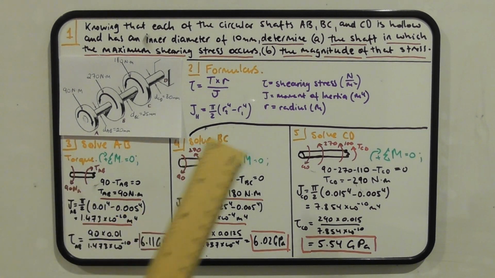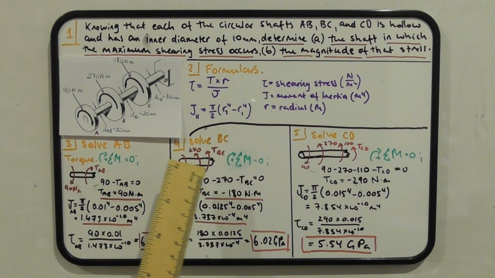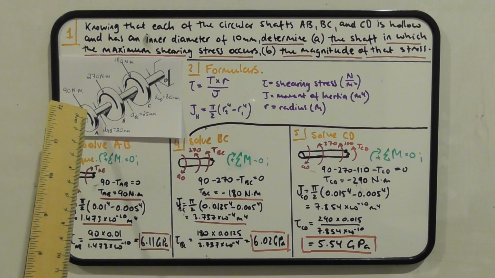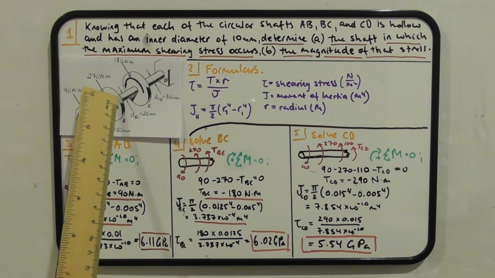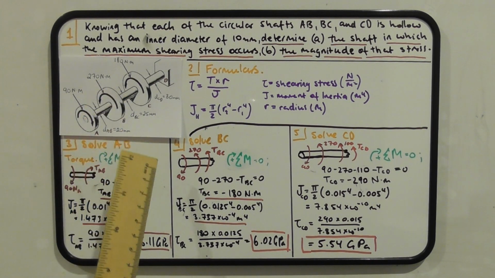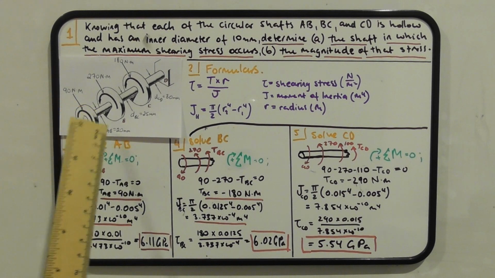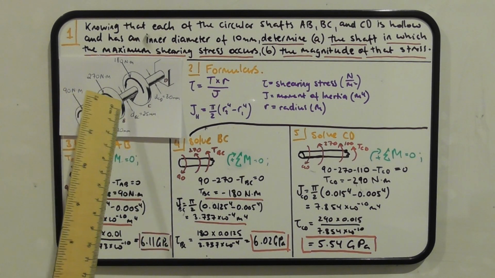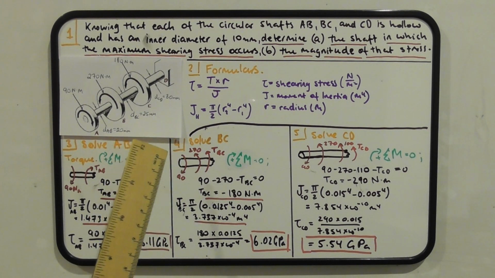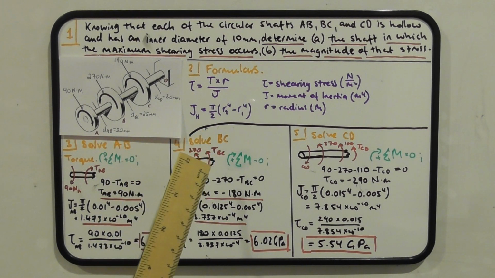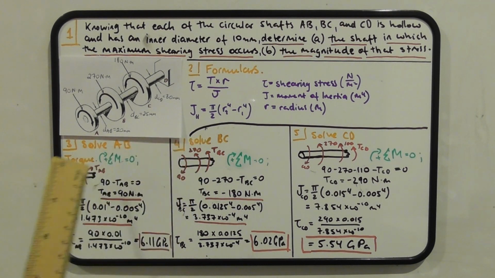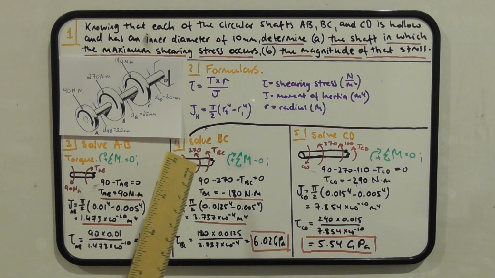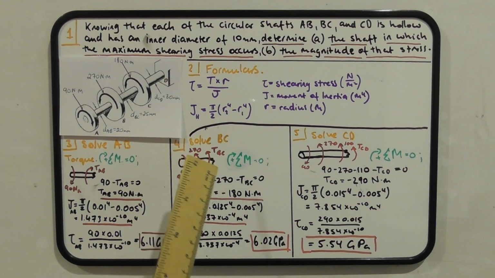Now, solving for B, it's very similar. We imagine that this shaft keeps going, and then we cut it here, and we have the direction 90 there. 270 is an anti-clockwise direction, and then we're going to follow the same direction we started with that initial torque, which will be anti-clockwise.